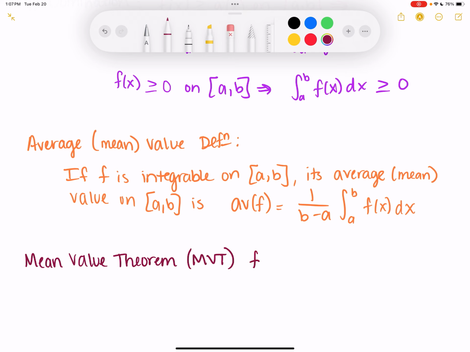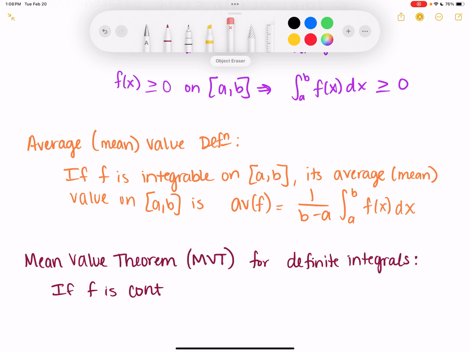For definite integrals, if f is continuous on the interval a to b, you're going to notice this theorem looks very similar to the one that we had for derivatives.